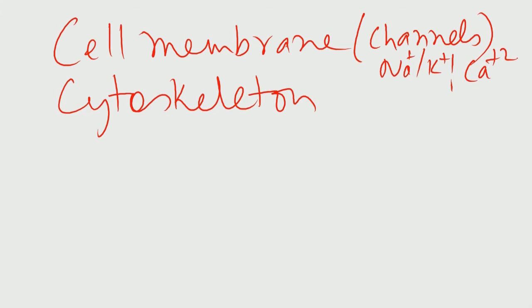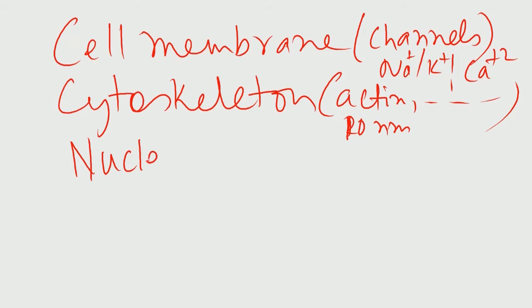Then second is the cytoskeleton structure, this actin filament and so on, how they are structured, and what is the typical size of these actin filaments. Third, you have to see the nuclear structure, and inside you have DNA, that is the nucleic acid, and the nucleus also has a pore complex and different things.